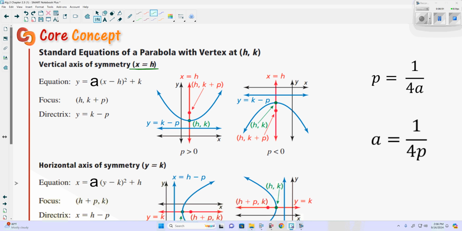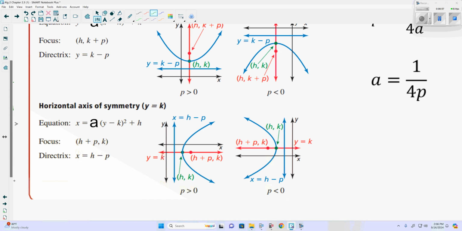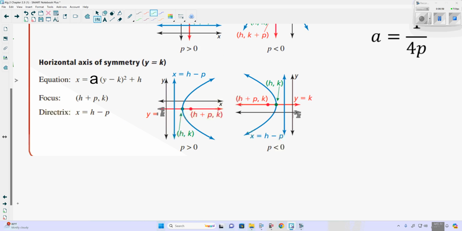Now the other equation is completely new. We have not talked about this one yet. Our other equation, x is equal to a times y minus k squared plus h. Our vertex is still the point h comma k. Axis of symmetry.